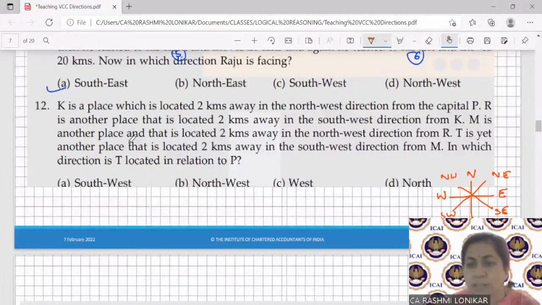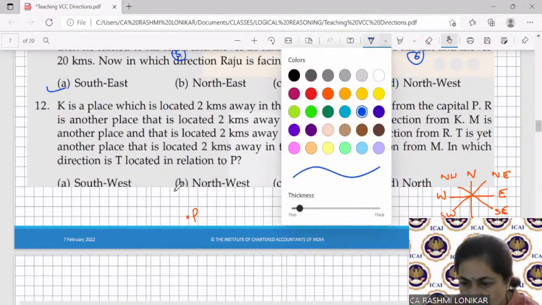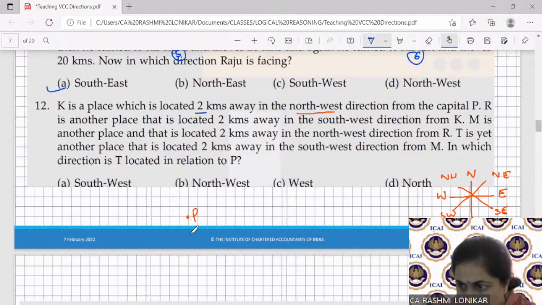Now K is a place which is located 2 kilometers away in the northwest direction from P. So first mark P. Northwest is this direction.